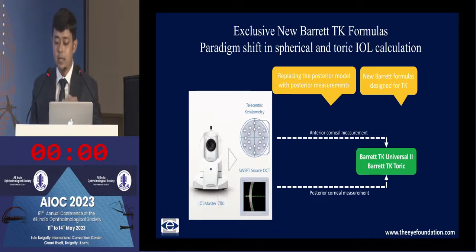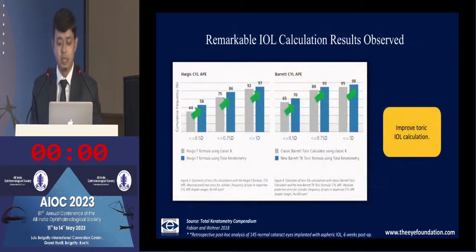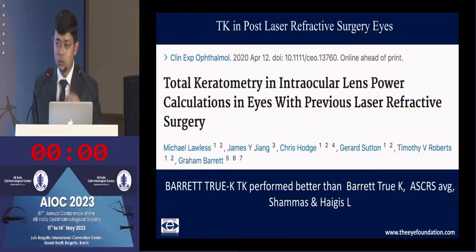You have the Barrett TK Universal 2 as well as the Barrett TK Toric. Now, these formulae are specifically suited for total keratometry, and you don't require any modification, and they give you the exact IOL power directly, and even toric IOL power calculations can be made immediately. This has really improved toric IOL calculations in both regular as well as in post-laser refractive surgery eyes.